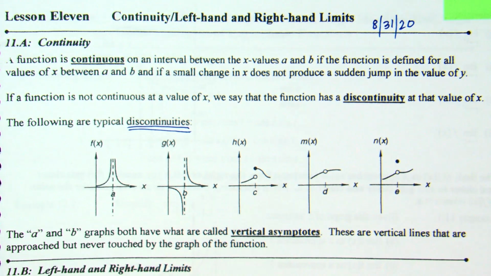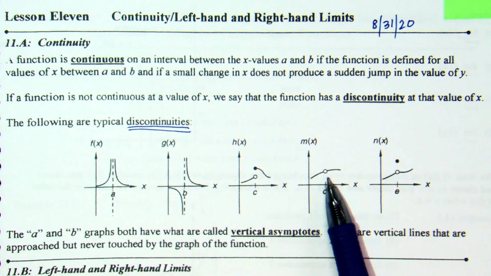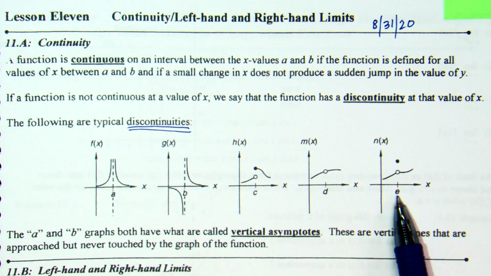D, or m of x, has a discontinuity at d because there's that one spot that I would not get a value for. And then n has a discontinuity at e. Again, I'd have to pick up my pencil to draw that other dot, so that falls into the sudden jump category. So those are all visual examples of discontinuity.